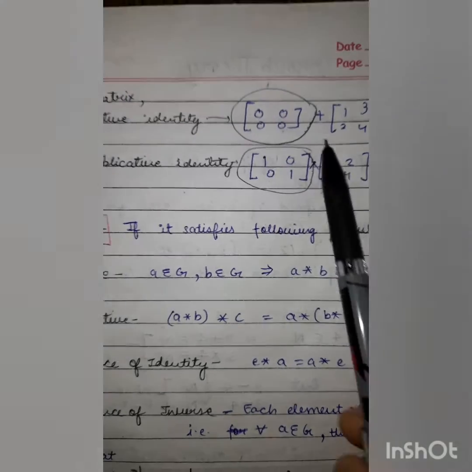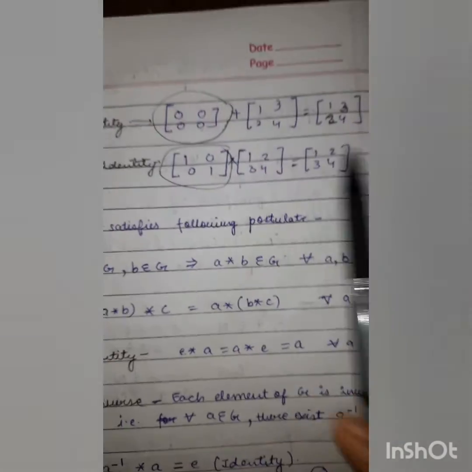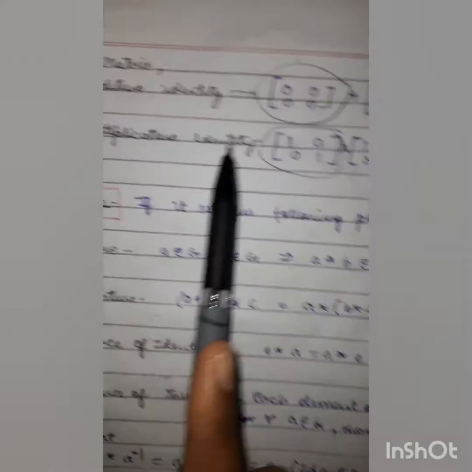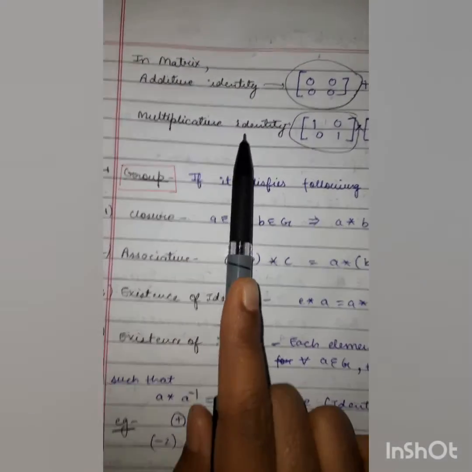If we multiply this matrix with any other matrix, then we can see that there is no change in that matrix. So 1 0 0 1 is the multiplicative identity.